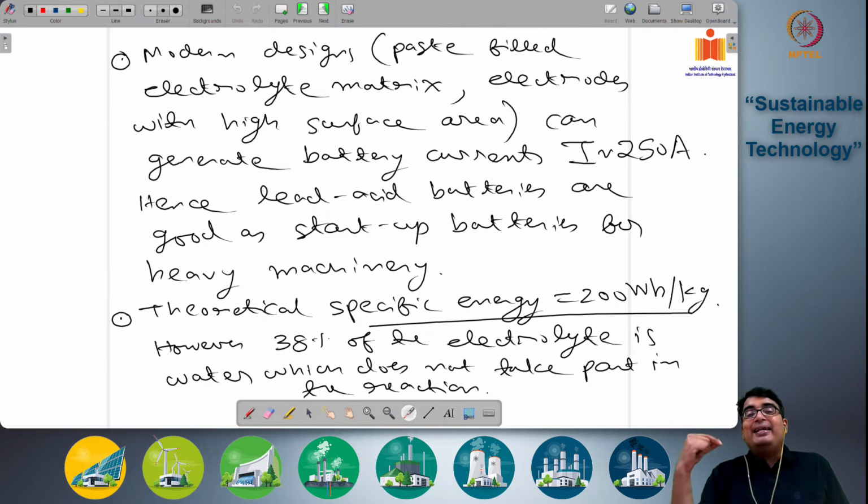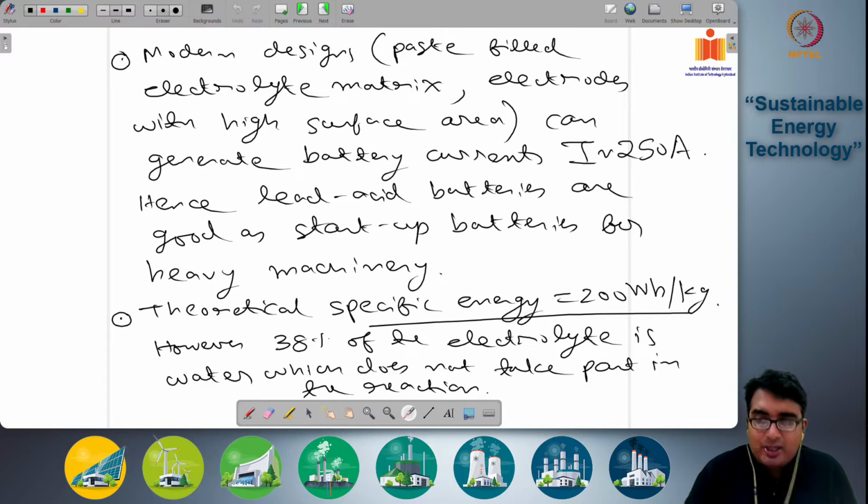Okay, so lead acid batteries can generate a high amount of current, and hence lead acid batteries are good as startup batteries for heavy machinery. Its power generation capacity is quite large, even though the efficiencies at high power points are usually low, but they are very good as startup batteries for heavy machinery.